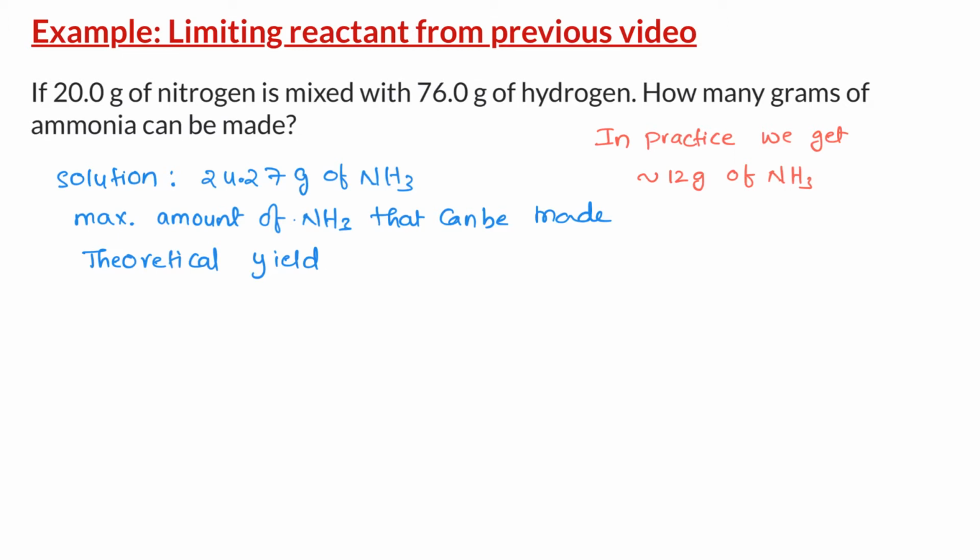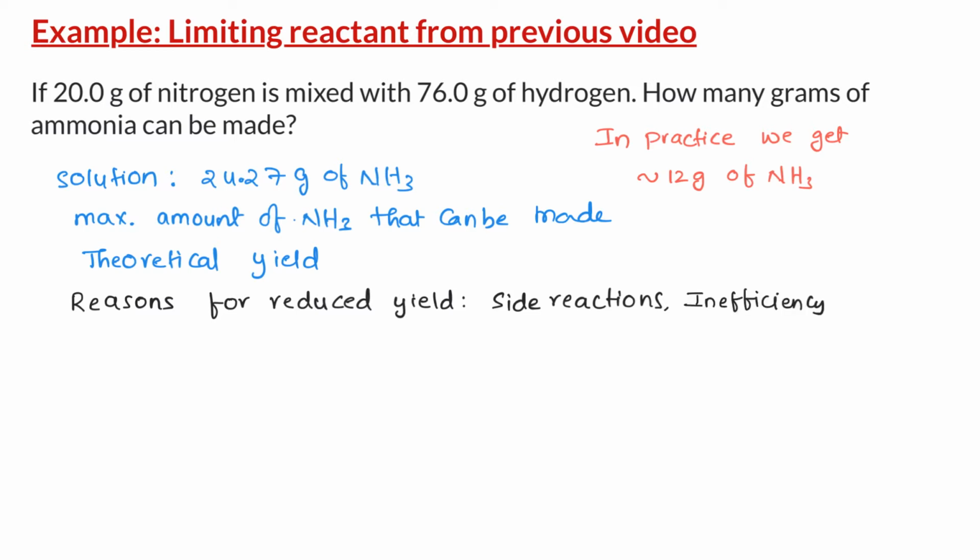Now, there could be several reasons why we don't get the maximum amount of ammonia. There could be some side reactions that happen in parallel to the desired reaction. The side reactions reduce the amount of desired product formed, or the reaction itself could be quite inefficient, or there could be some other technical complications involved.